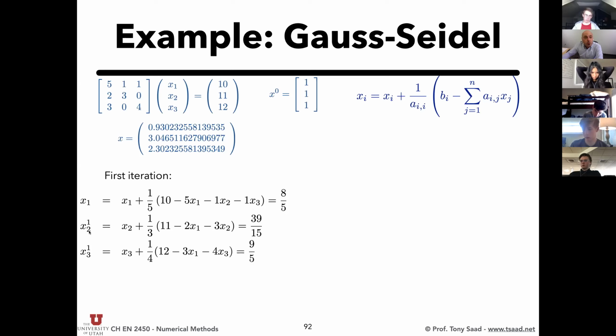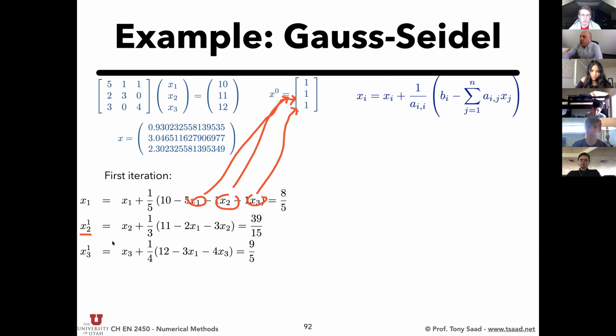Now, when you go to X2, pay attention here. I'm going to try to be very advanced by using annotations. Okay, I can draw. Notice over here, X1, X2, and X3, they're all using this guess. Now we go to X2.